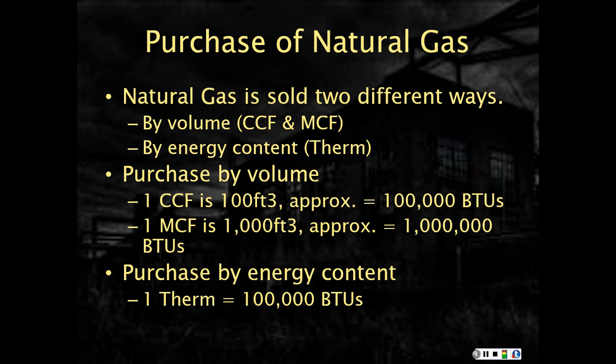The less common method of purchasing natural gas is by actual energy content, or something called a therm. And remember, a therm is exactly equal to 100,000 BTUs, whereas purchasing it by volume, a CCF is approximately 100,000 BTUs, and an MCF is approximately 1 million BTUs.